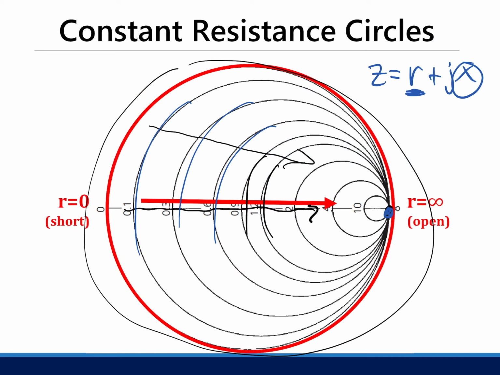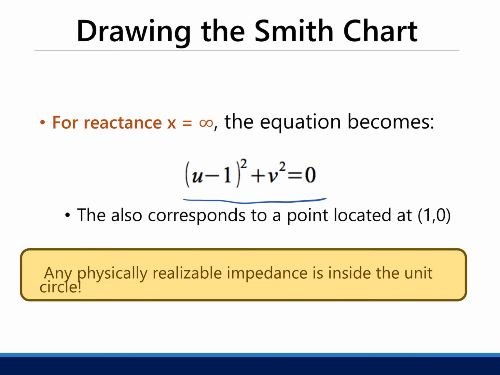So from here, this is the constant reactance circle. And it turns out that any value of R and X can be plotted in your Smith chart.